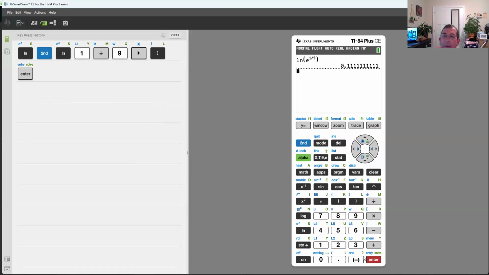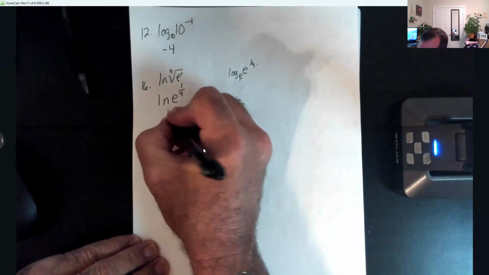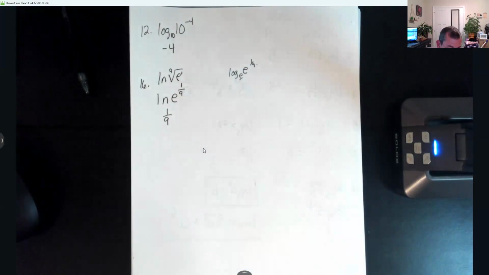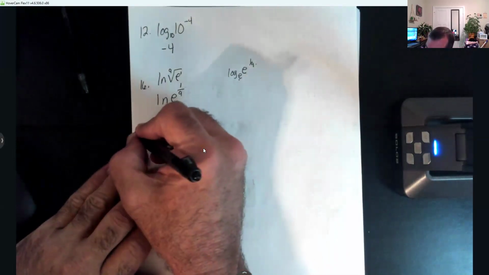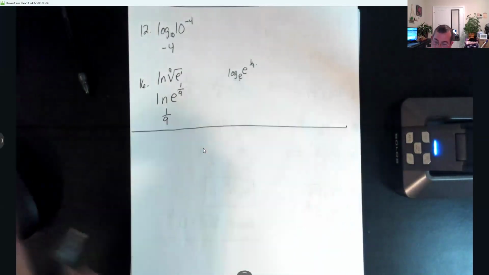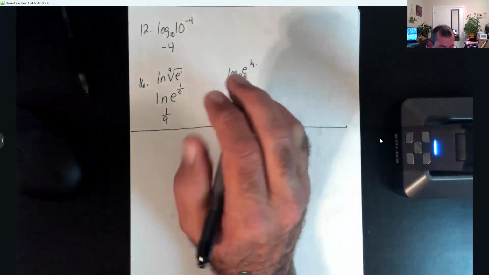But I'm going to hit enter. Now watch this. I'm going to turn that decimal back into a fraction by hitting math and enter twice. And y'all, we knew it was going to be 1/9 because the base matched the base to an exponent. That always equals the exponent. So y'all, the whole first half, that's all you're doing. You're just going to be figuring out stuff on your calculator.